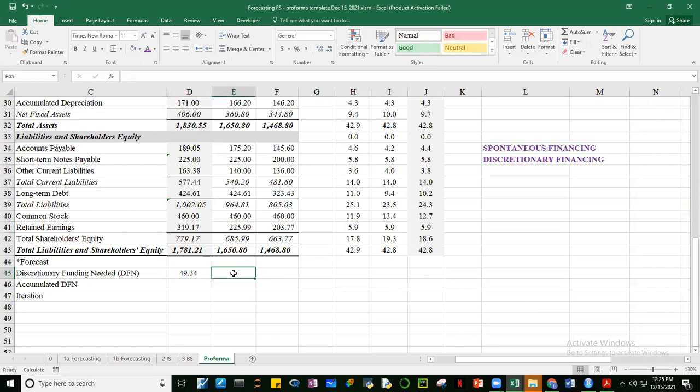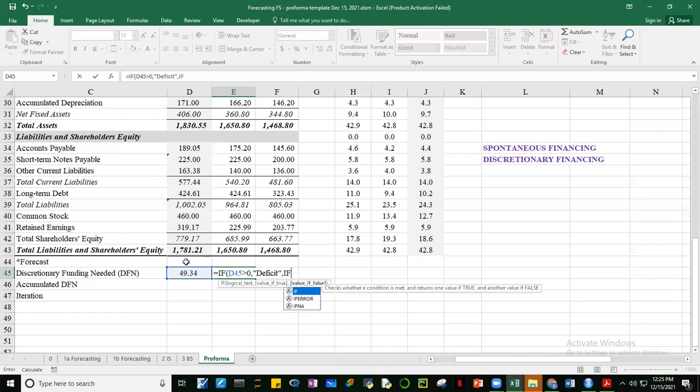Lagyan natin ng label to, guys, no? So if your DFN is positive, we call it deficit. If this amount is less than 0, when will that happen? Mas malaki yung liabilities natin. Mas malaking financing natin kaysa kay assets, no?